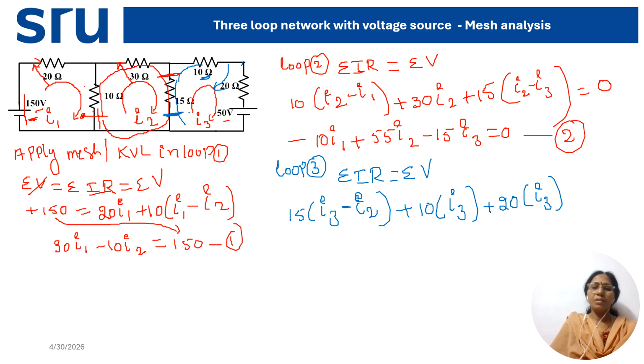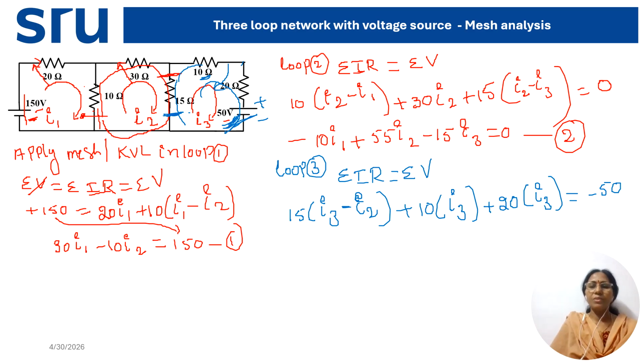Now 3 resistors, 3 voltage drops over left side. And the next right side. Now number of voltage sources in loop 3, only one voltage source is there. This is plus and this is minus. We are moving in clockwise direction. See here we are crossing this plus to minus, or we are leaving this with negative polarity. That's why minus 50. Clear?